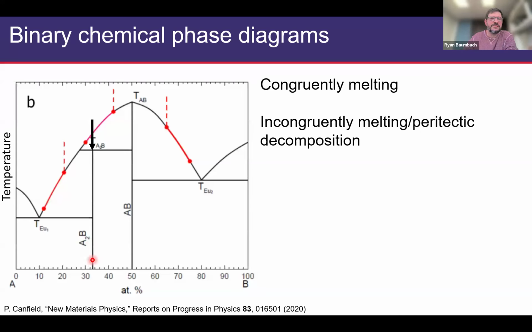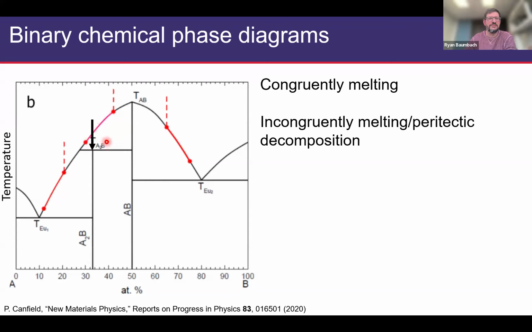And then if I were to heat this thing up, it would remain in that phase up to a point until I reach this horizontal line, okay? And above this line, it begins to decompose. Let's take it from a different perspective. Let's say that I had this composition, and I went all the way up into the liquid phase. And then I crossed this phase boundary.